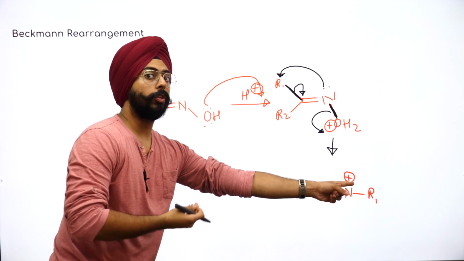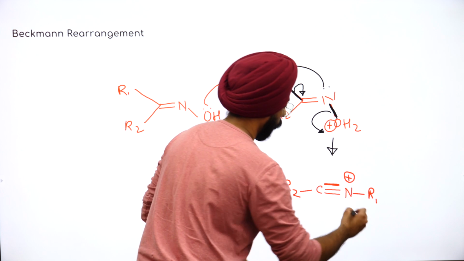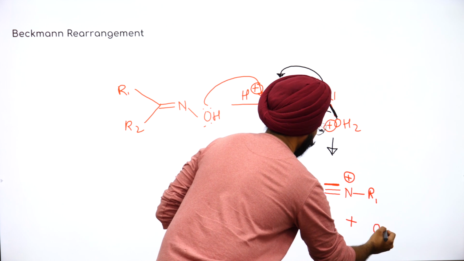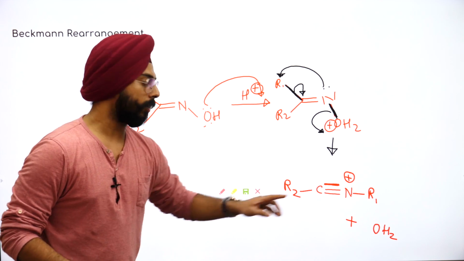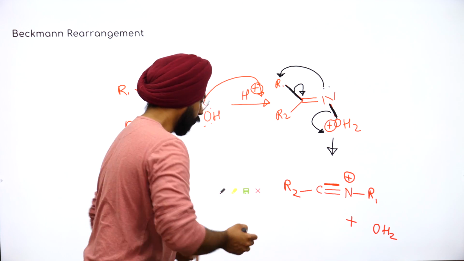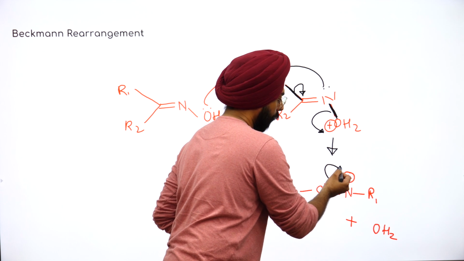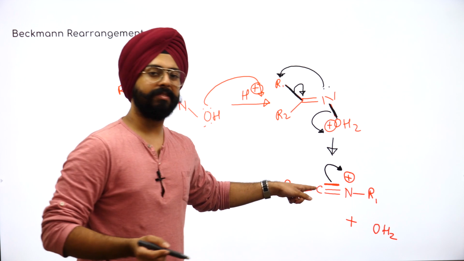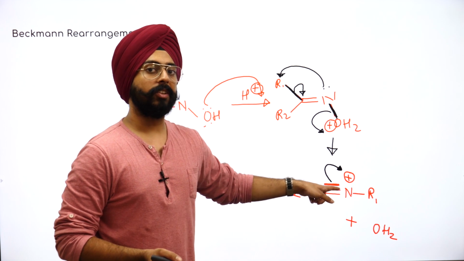Triply bonded nitrogen that carries a positive charge, this is very unstable, isn't it? This is super unstable. और इसके साथ क्या बन रहा है साथ में? You are getting some water which left. Now since this is super unstable, what the nitrogen wants to do is that it wants to pull the electrons towards itself, but that would leave carbon with a positive charge on a carbon that has a double bond.